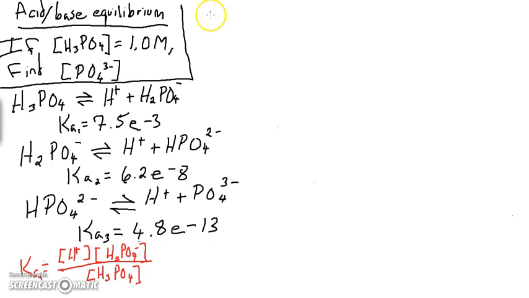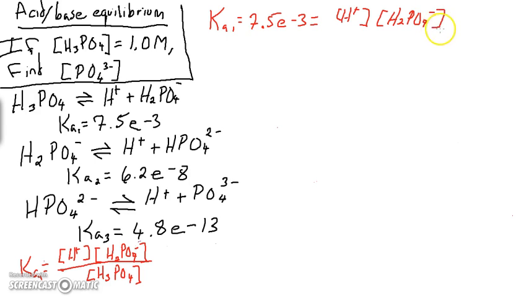We know our Ka1 is equal to 7.5 E negative 3. This was given to us in the problem, and that's equal to, let's put in some of the numbers now. So the top numbers we don't know. We don't know how much H plus is made at the concentration, and we don't know either how much H2PO4 minus is made.